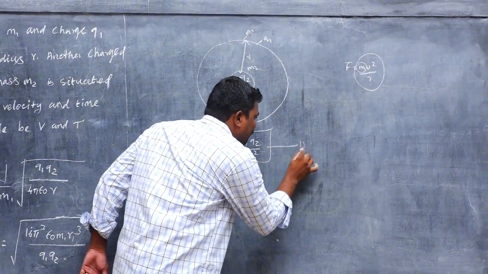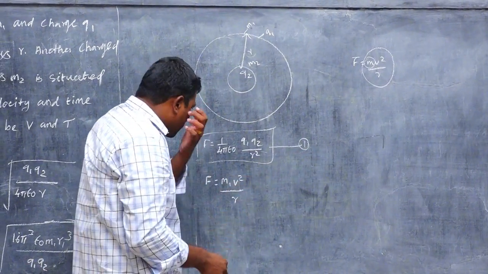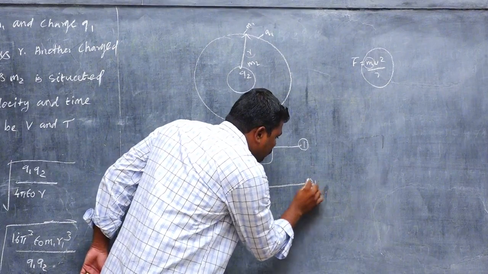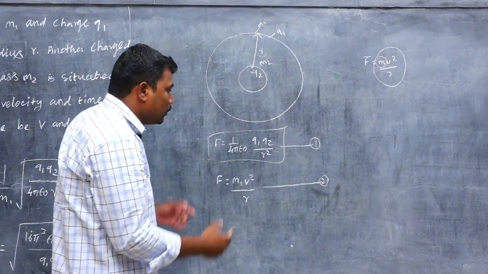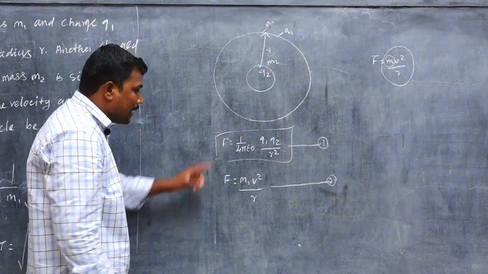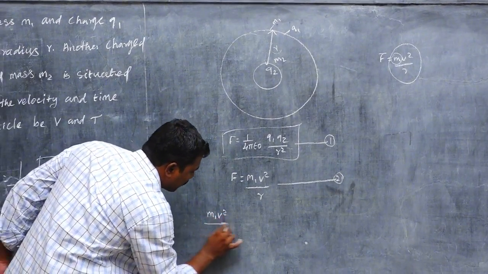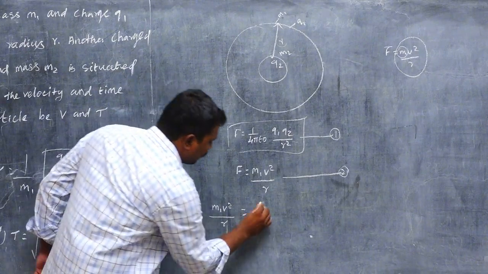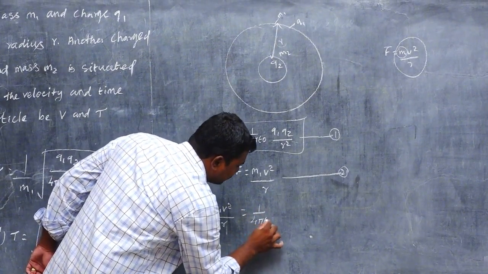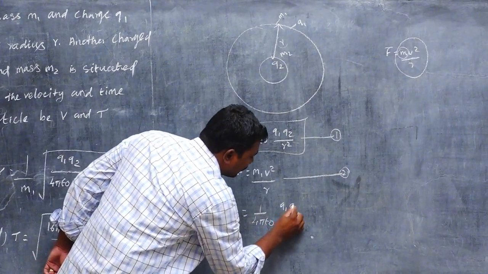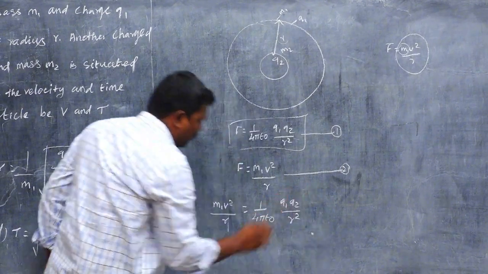The first one is the Coulomb force, equation number 1. Next is the centripetal force, equation number 2. Compare the two forces: m1 v square by r equals 1 by 4 pi epsilon naught q1 q2 by r square.